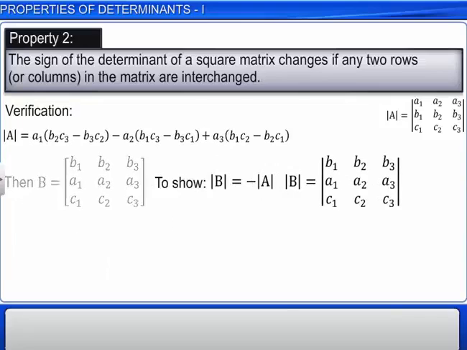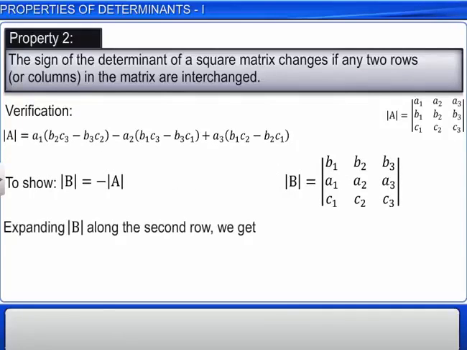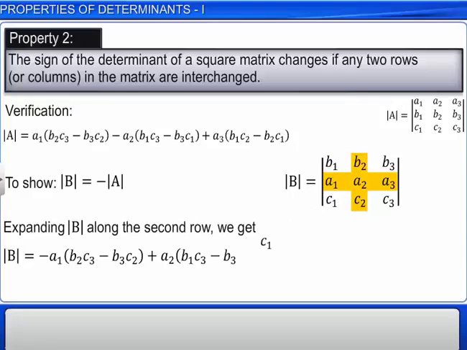So, let's expand determinant B along the second row. We get minus of A1 times of B2C3 minus B3C2, plus A2 times of B1C3 minus B3C1, minus of A3 times of B1C2 minus B2C1.